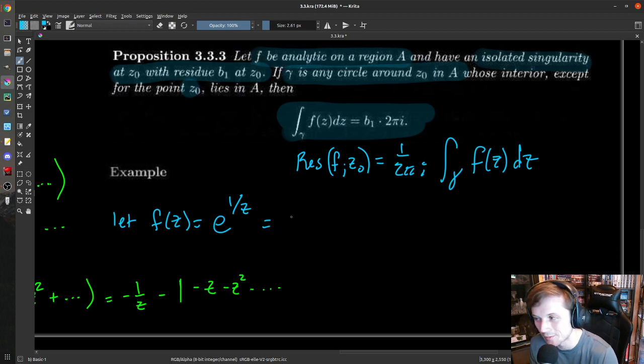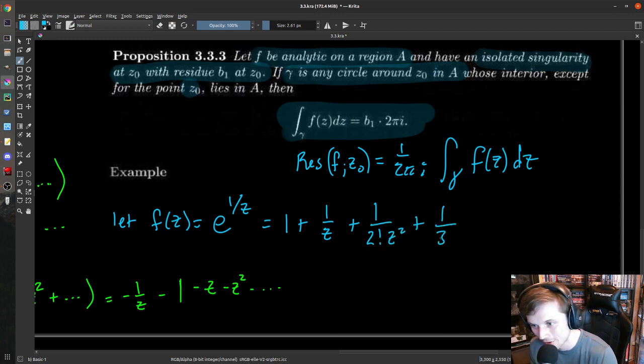So we should be able to write this as 1 plus 1 over z plus 1 over 2 factorial z squared plus 1 over 3 factorial z to the third, and so on and so on.